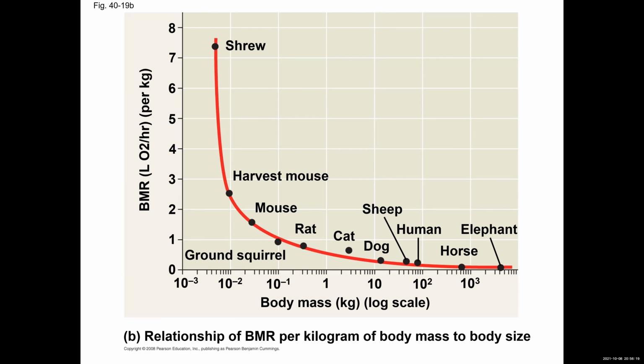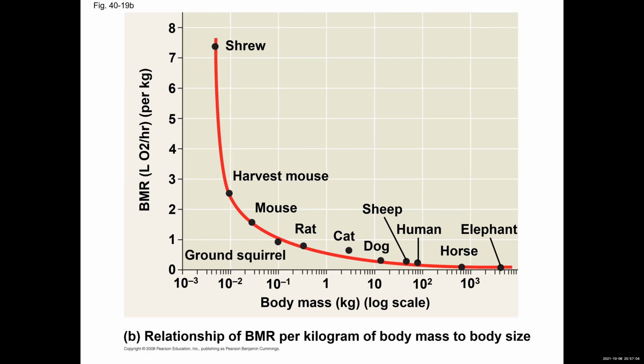So the higher the surface area relative to the volume, the more heat is going to be lost per kilo or per gram of the animal, right? So basically, the mouse has a higher surface area compared to how much mouse there is than the elephant does compared to how much elephant there is. So the elephant's losing less heat during the day just because it's big, all right? And so the elephant is going to eat more based on its size, but not as much more as we would expect, okay? Because it gets kind of a benefit just from being big.